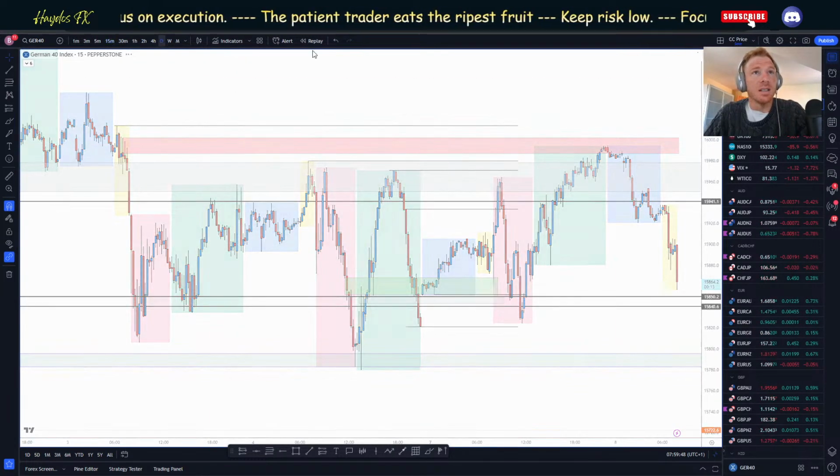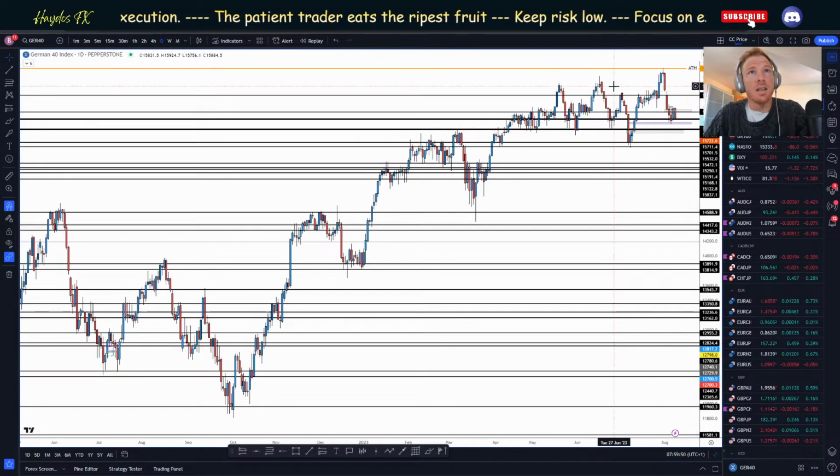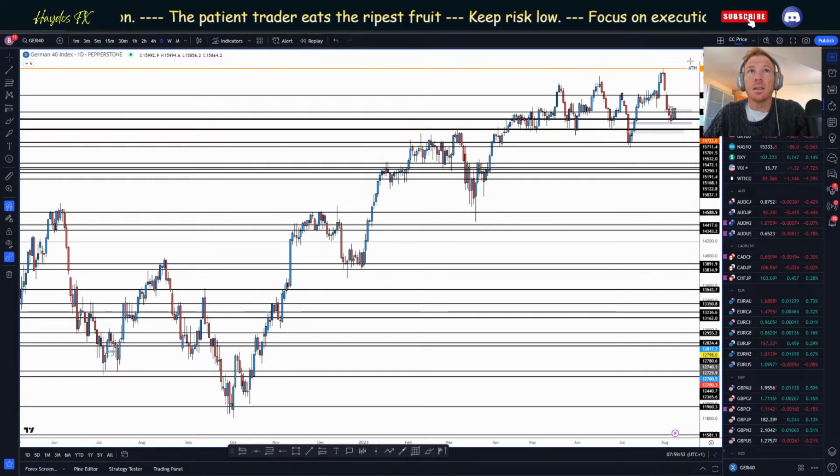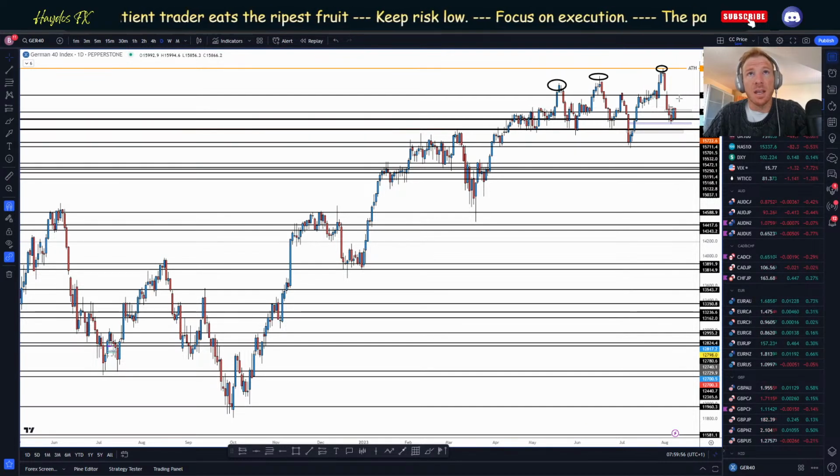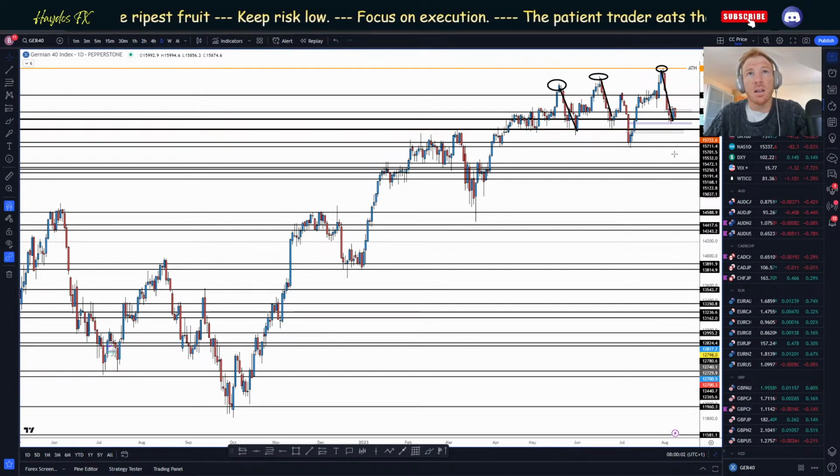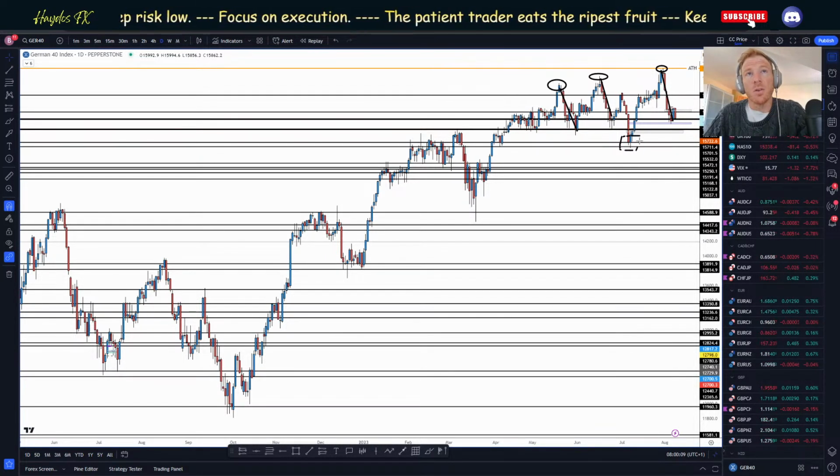Now it does make sense that once we have hit these all-time highs, what we're getting is these strong rejections. I don't know how long it's going to keep on going down. This is the first time it actually broke even first structure.